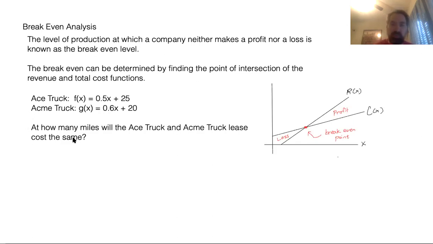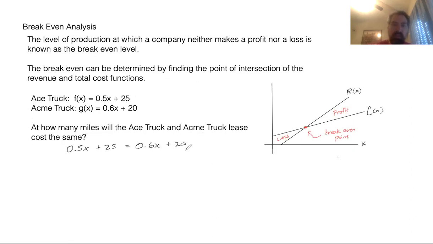Right? And we can use this break-even analysis to find when these two functions will be the same dollar amount for the lease. We can do this by setting the functions equal to each other. 0.5x plus 25 equals 0.6x plus 20.